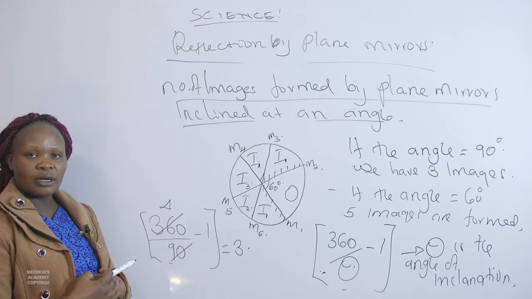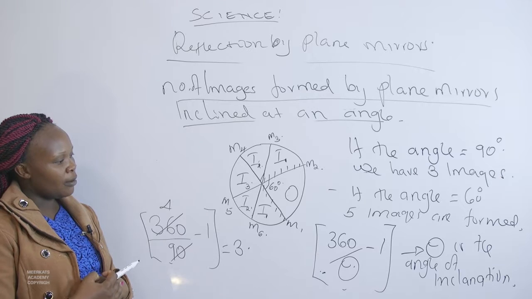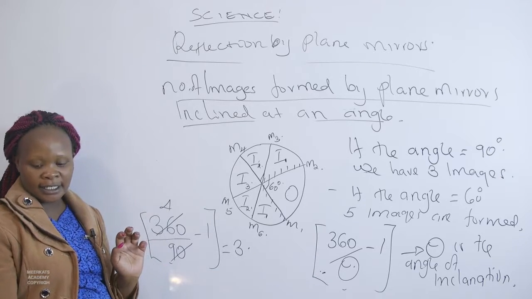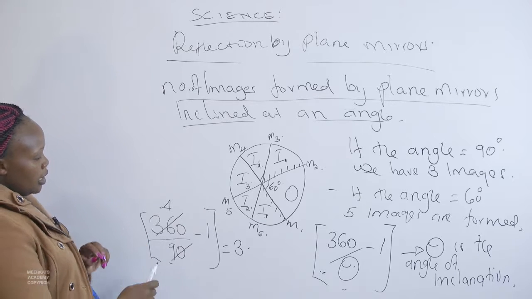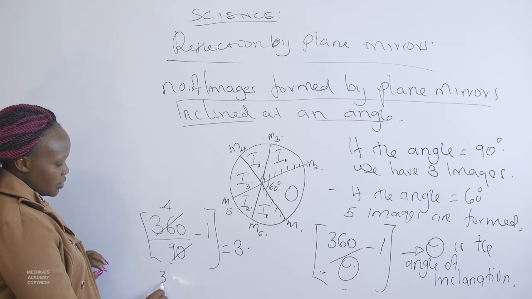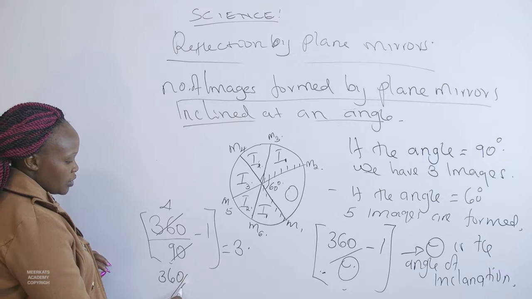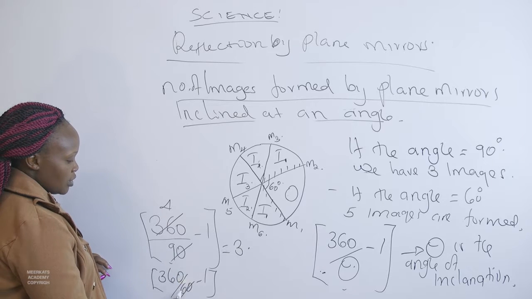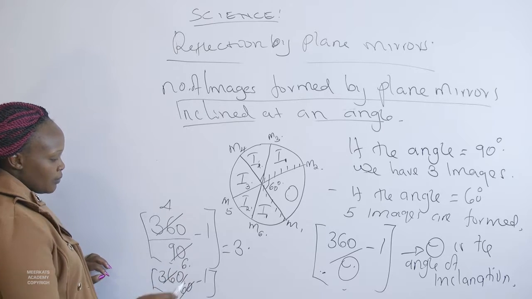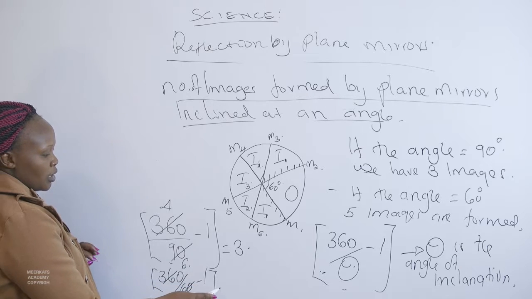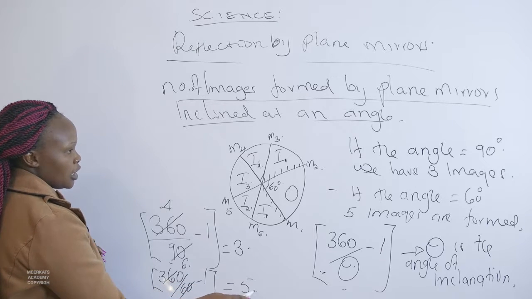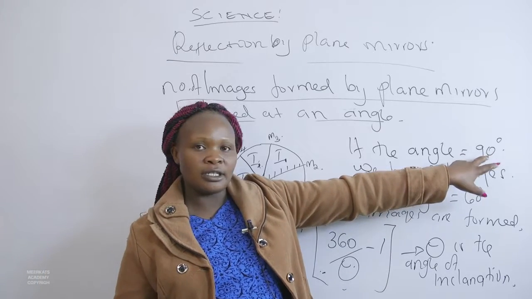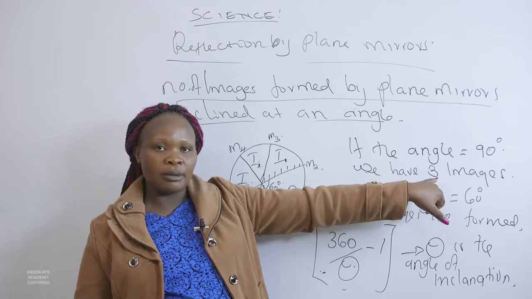Now, suppose now we have our angle theta as 60 degrees. Again, we will have 360 over 60 minus 1. This gives us 6. 6 minus 1 will give us 5. When we had our angle of inclination as 90, we made 3 images.